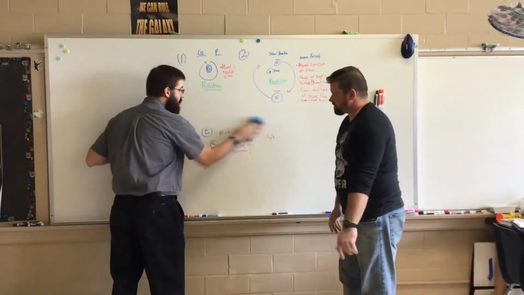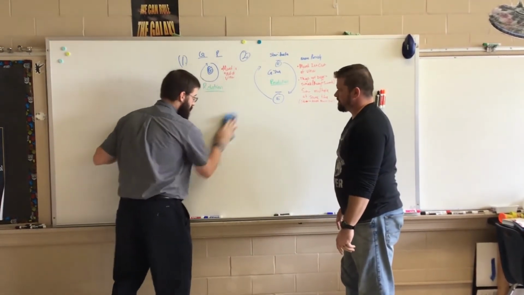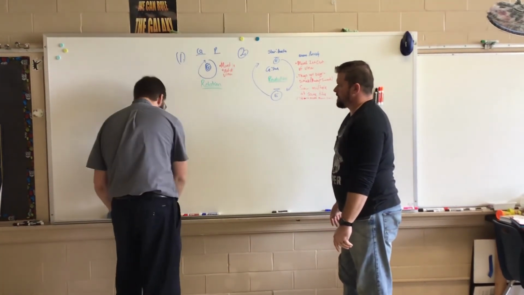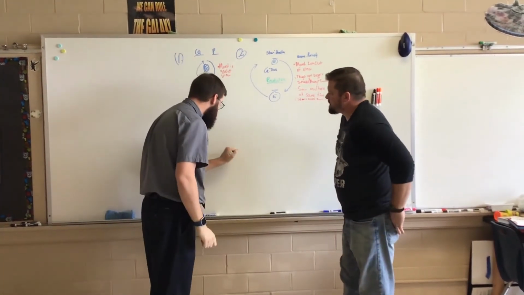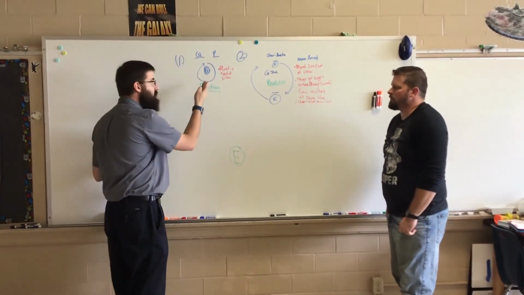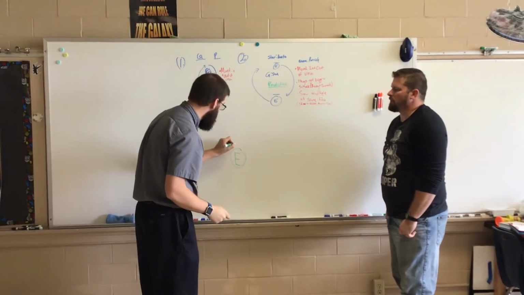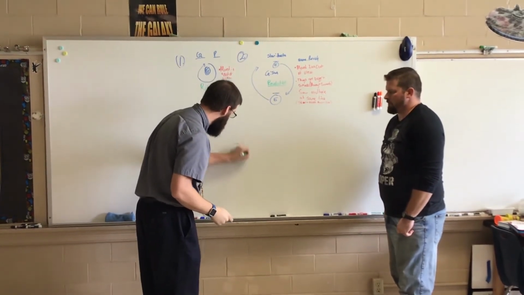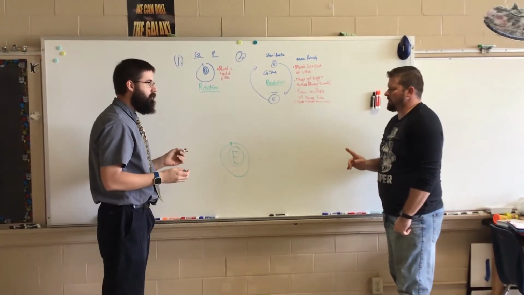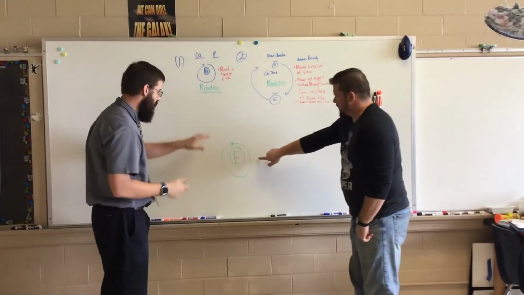Correct. So why don't we redraw our model now, based off our new observations and our new evidence. So if we're talking about Earth, we now know that Earth is spinning on a rotation. Yes. That Earth is spinning on a rotation, right? Yes, but there's a problem with this one. Okay.